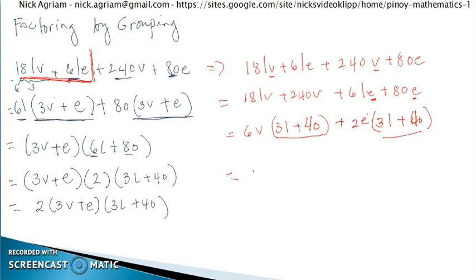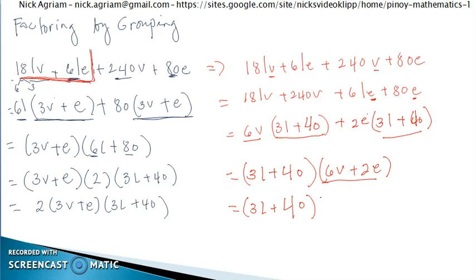The common factor is 3L plus 4O, multiplied by what is left in the first term, which is 6V plus 2E. And this one, we have a common factor also, 2. We have 3V plus E.